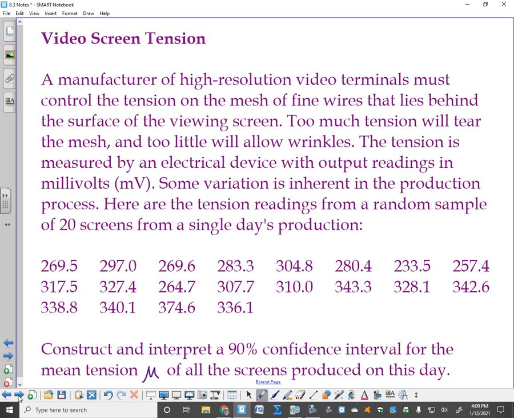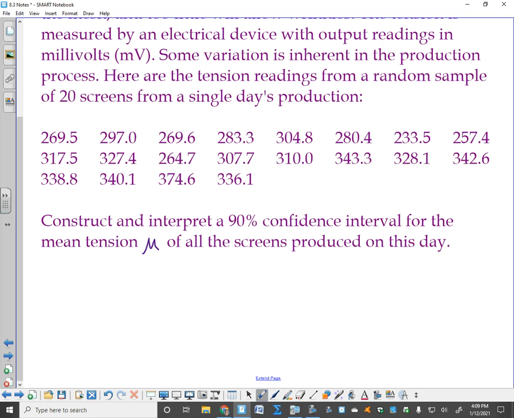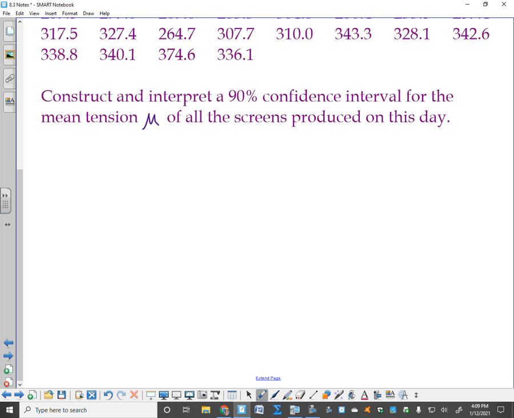Okay. Before we grab our calculator, let's do the first step. We can define our parameter, which is mu. And remember, when you write it, you need to communicate to the grader that you know that this is about the population. So mu is the true mean.